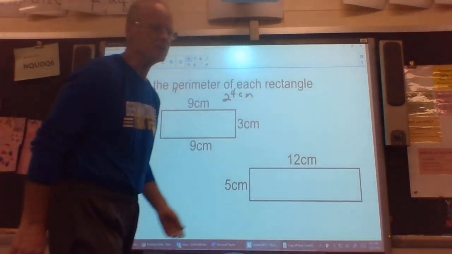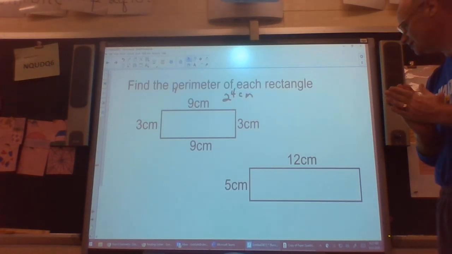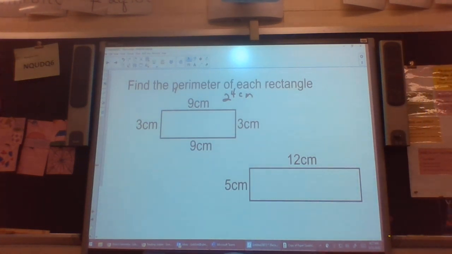Now in my class, what I always teach my kids is if two of the sides aren't labeled, I always want them to label it. So I'm going to go over to my computer and label those two sides. And now this might be a little bit easier for me to figure out the perimeter.